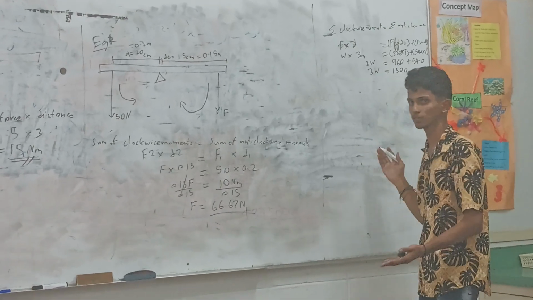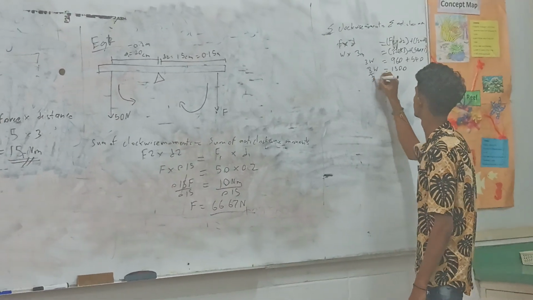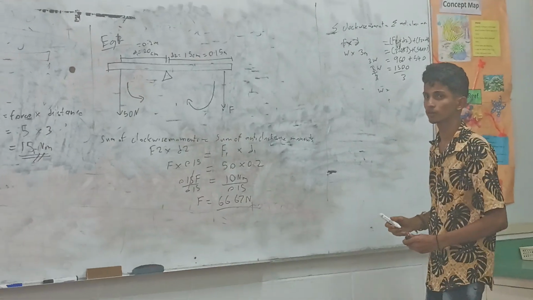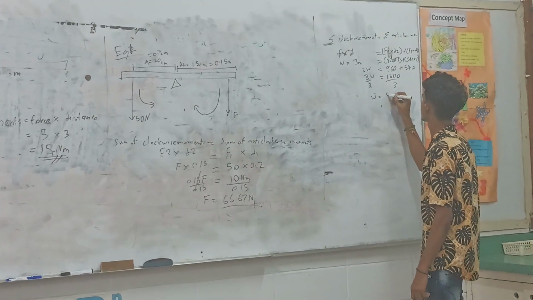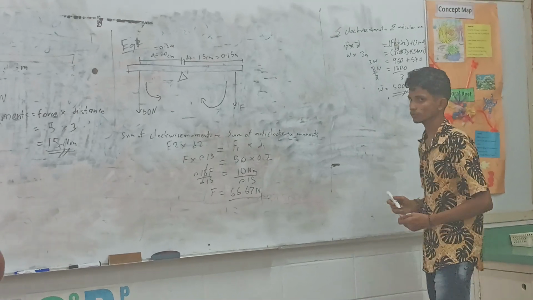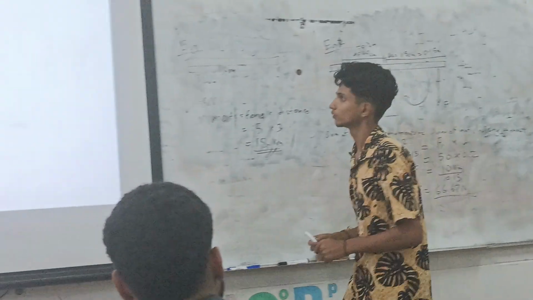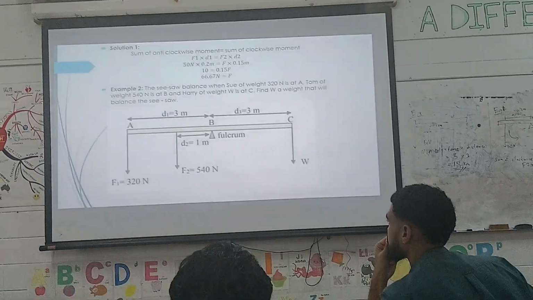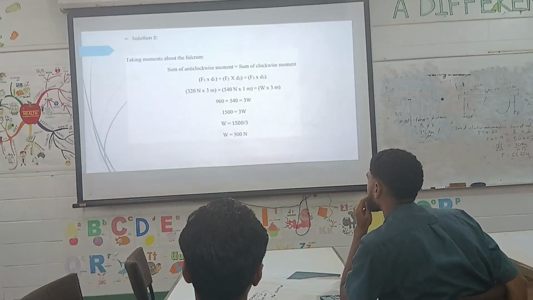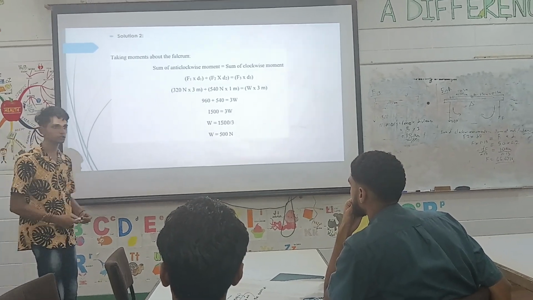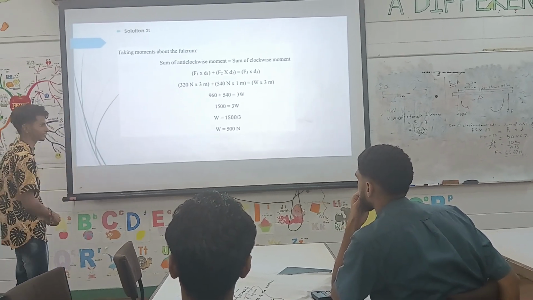From here, it's simple algebra. Divide by 3. W is equal to 500. So there you can see my answer matches properly with the solution given by the head of department.